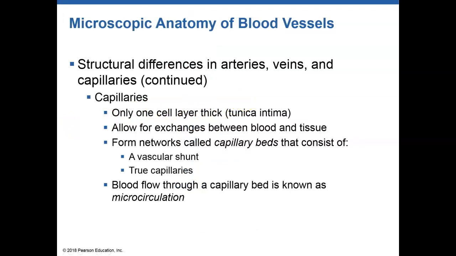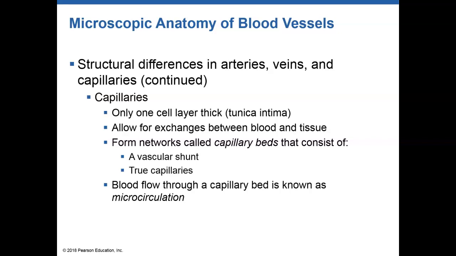Capillaries, on the other hand, like I said, only have that tunica intima, which is a single layer of epithelium with a basement membrane of areolar connective tissue. Capillaries aren't individual. They are found within what we call beds. So they are networks of capillaries that work together. At any given time, only about 5% of our capillary beds are going to have blood in them.